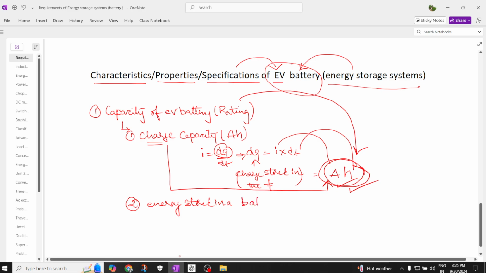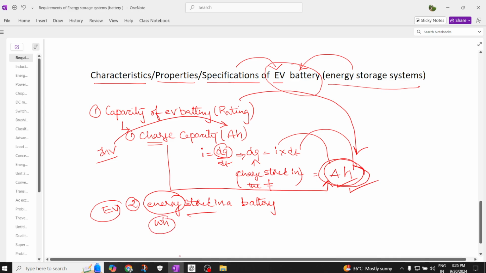How to define the energy stored in a battery? Energy is measured in watt hour. Generally, at an inverter shop, they call the rating of a battery ampere hour. But in the EV industry, the energy stored in a battery is defined in terms of watt hour.